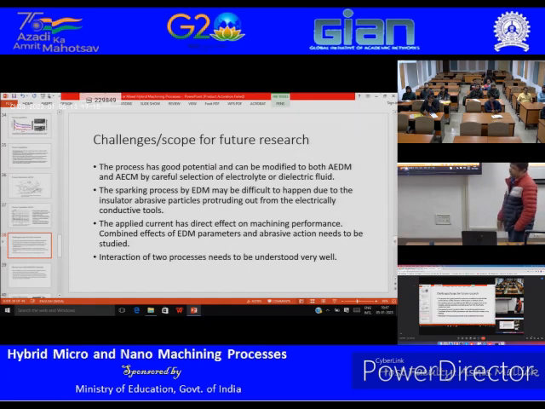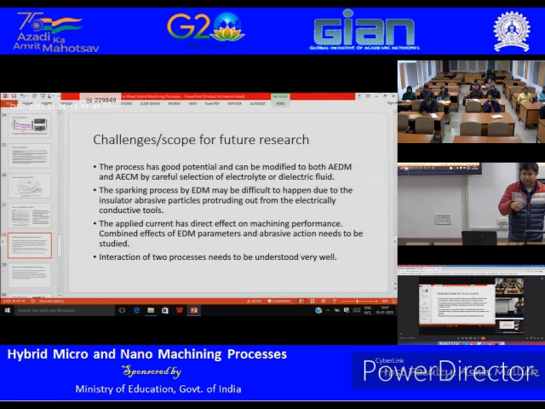The interactions of the two processes need to be understood very well, right? Even some of the things we talked about, especially if you're doing a PhD, it is your job to validate by mathematical modeling what you are claiming. Like for example, I remember when I did some modeling in powder mixed EDM during my PhD, we say that spark gap increases in powder mixed EDM. How?